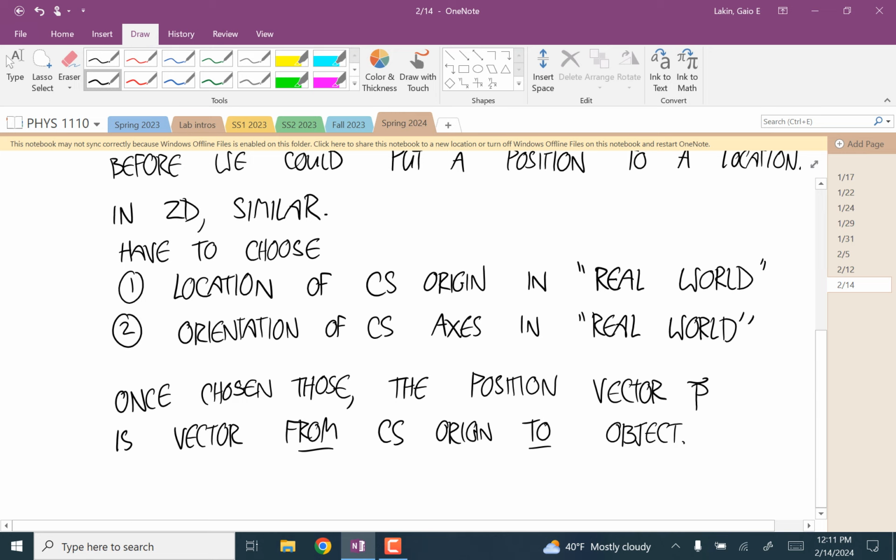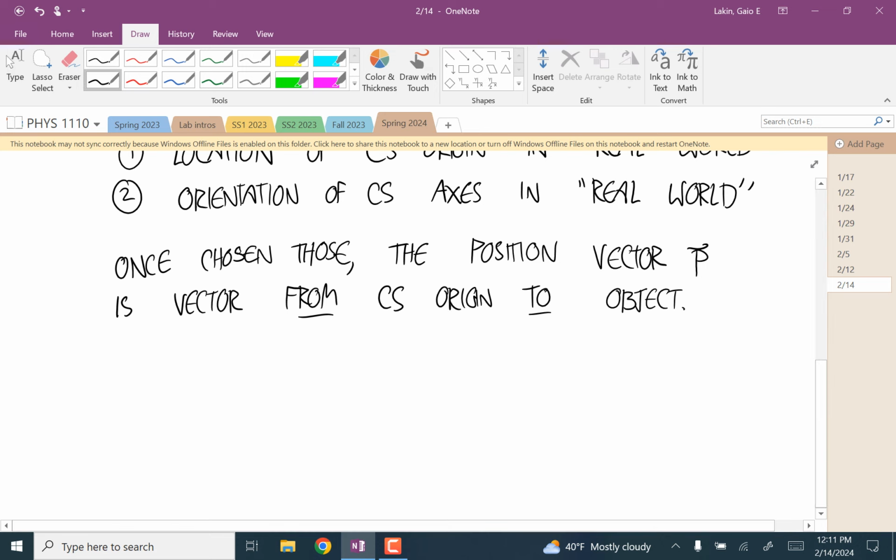Okay, so for example, if your coordinate system is like this, and the object that you're tracking is here at some instant, then the position vector goes from the origin to the object.